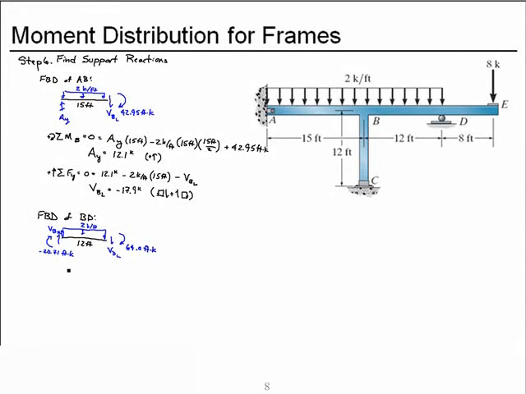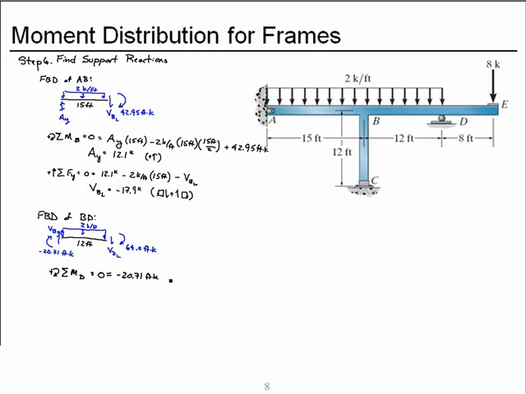So I will sum moments about point D. Again, I will choose clockwise as positive. I get a positive contribution but a negative magnitude from the moment at the left end, moment BD.